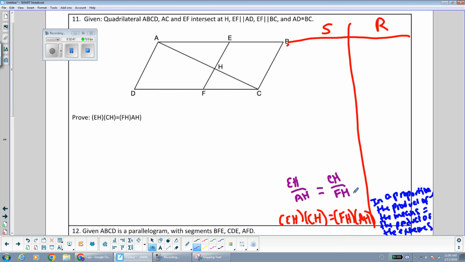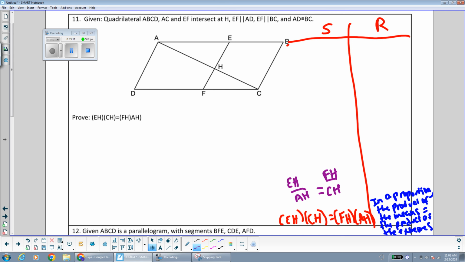EH times FH. Oh, that's not right. Let me reorder them. I need EH times CH. So let's check that out. EH times CH, good. FH times AH, good. So double check your proportion, easy points to get.